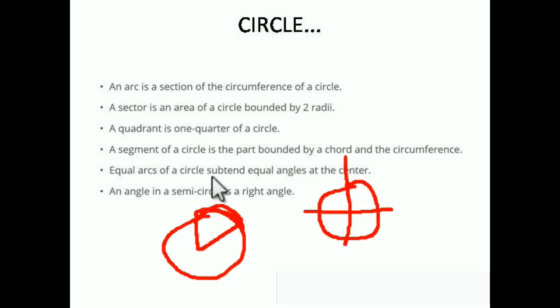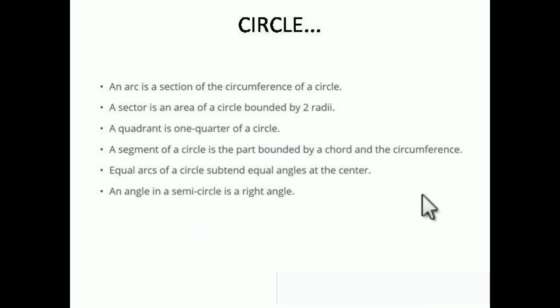Equal arcs of a circle subtend equal angles. This is the most important one up to this point. What it says is, suppose you have this circle and you have two arcs. Let's say this is the first one, and the same here.